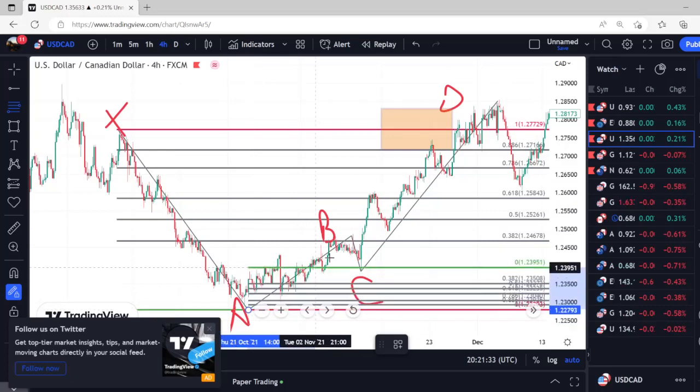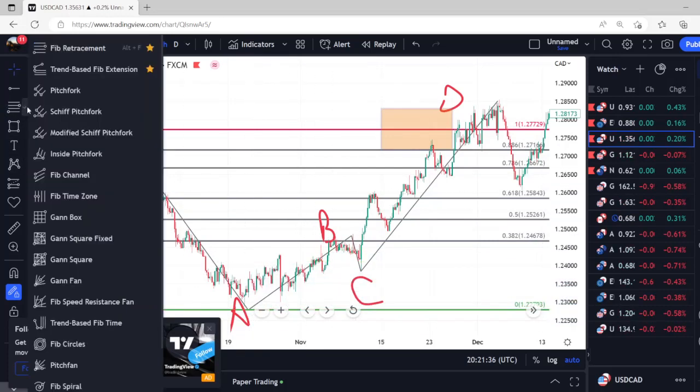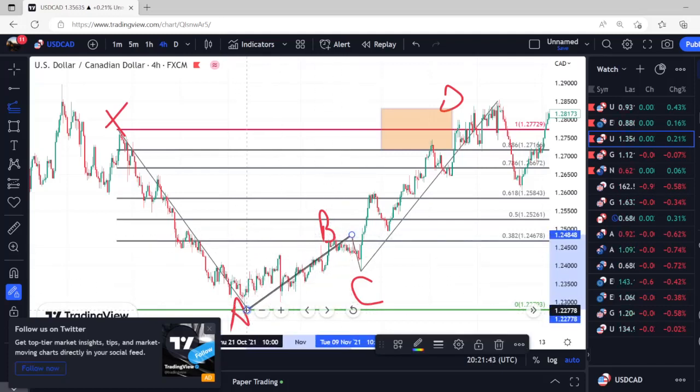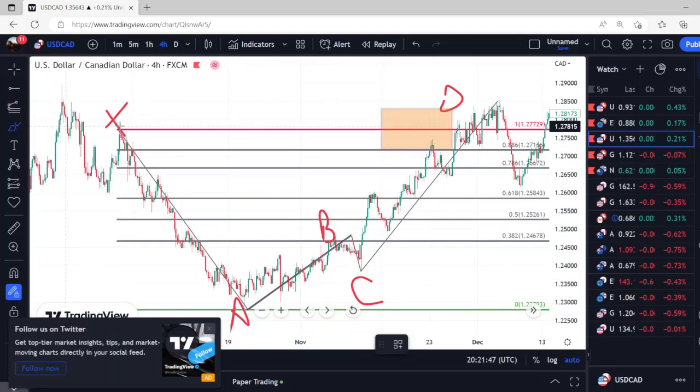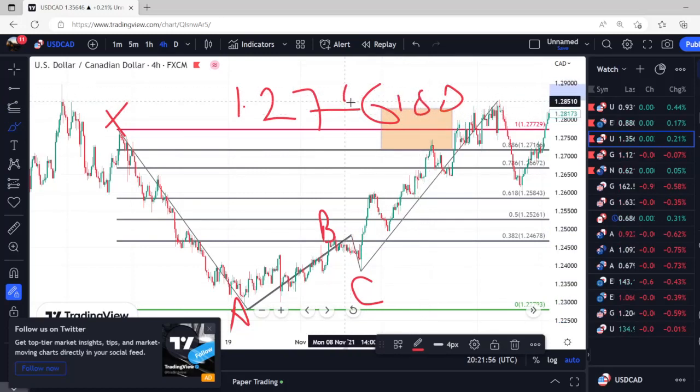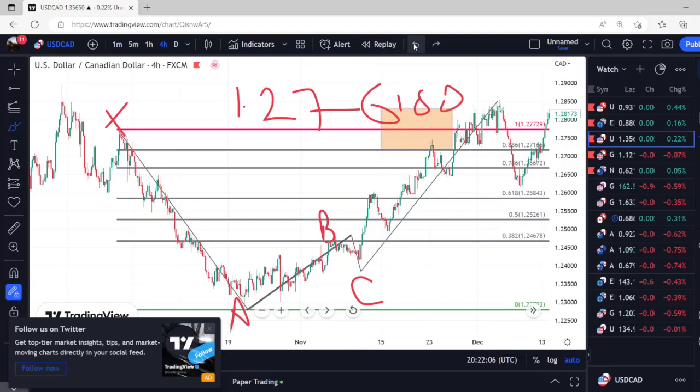So you grab the fib extension, and you measure from A to B back to A. I said you're looking for numbers between 1.127 to 1.618. Sorry, 0.618. Okay, so those are the numbers that you're looking for for your AB equals CD leg.